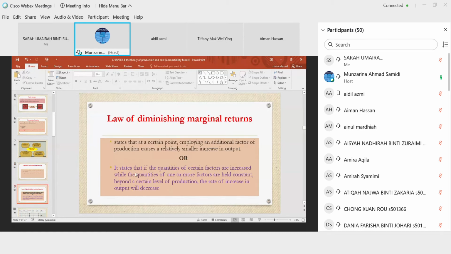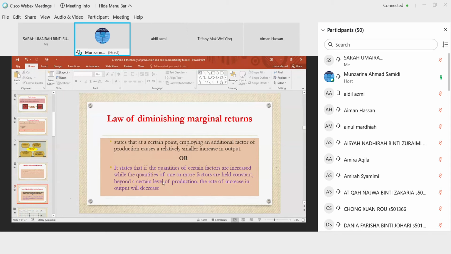Okay. The concept of the law of diminishing returns is applicable only in the short run. Remember, the law of diminishing marginal return happens only in the short run. So what is this law?